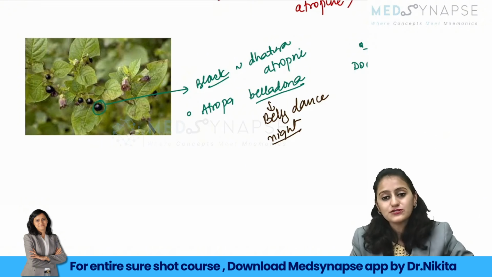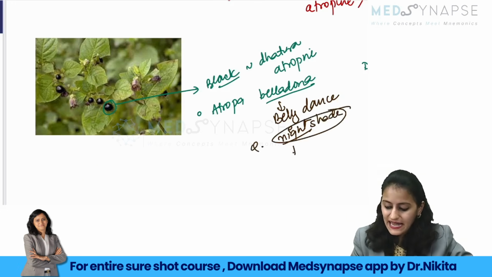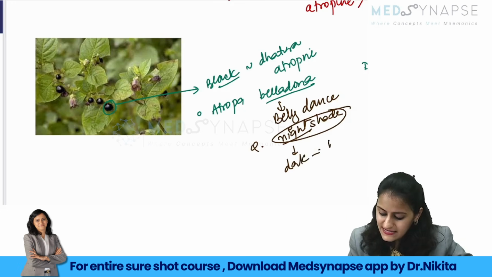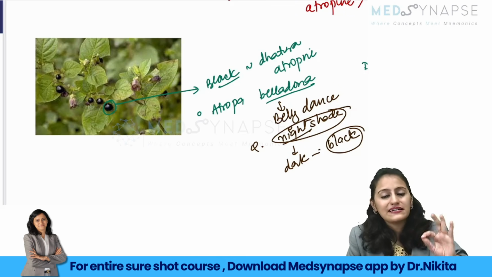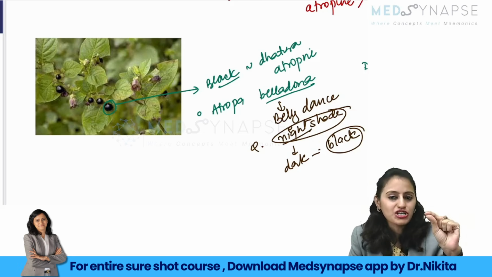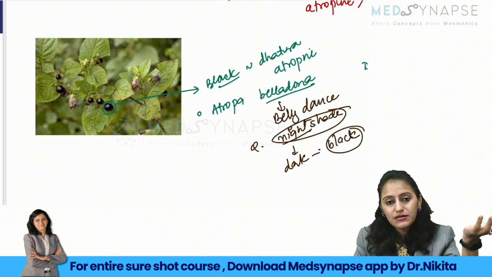So remember, this is also called the deadly nightshade. The night is dark, so it is black in color. So if you see this black color, it is like night, dark, a nightshade, that is belly dance, Atropa belladonna. This is similar to your Datura poisoning.